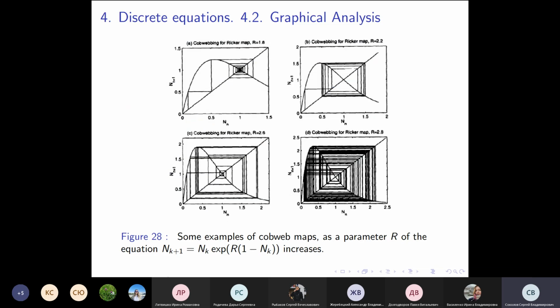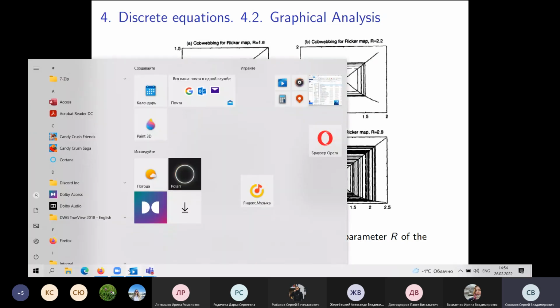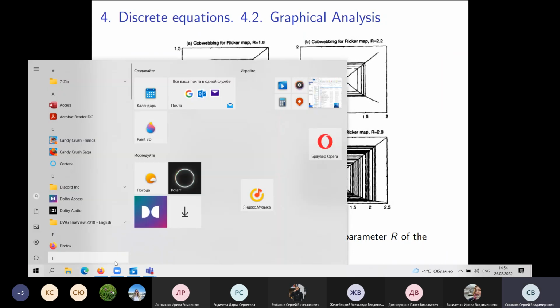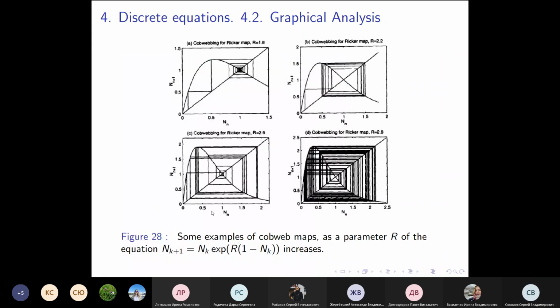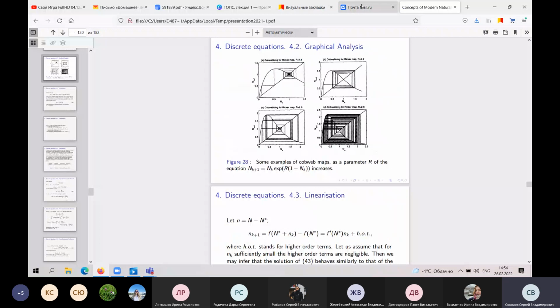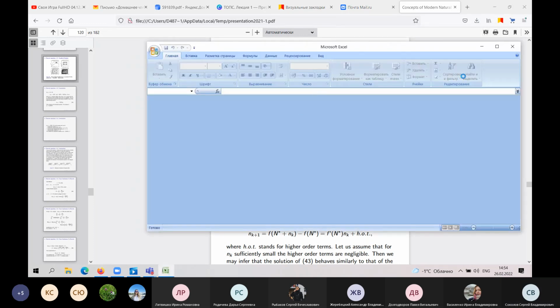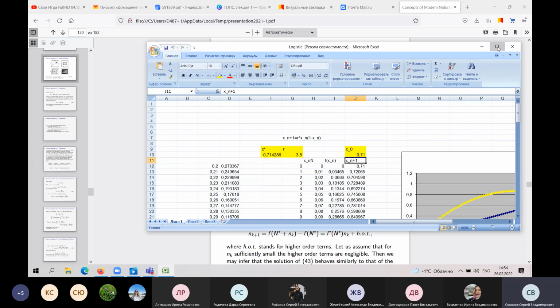Well, just a moment. I'm going to look, maybe I have a better model. Just a moment. Maybe there is a better model. Where is it? Let's find another.